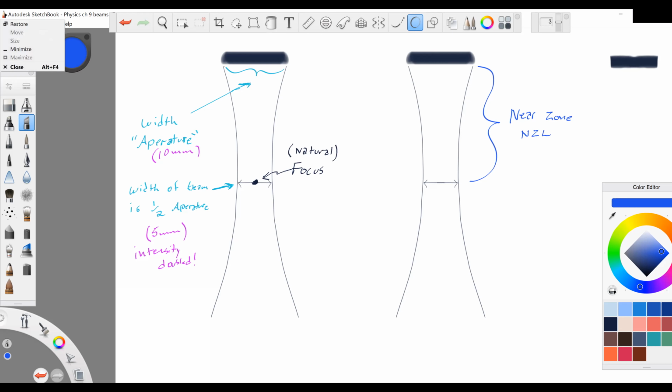Also called the near field or Fresnel zone. Near field, I'm not going to write field, but I will write Fresnel. Fresnel, all right?